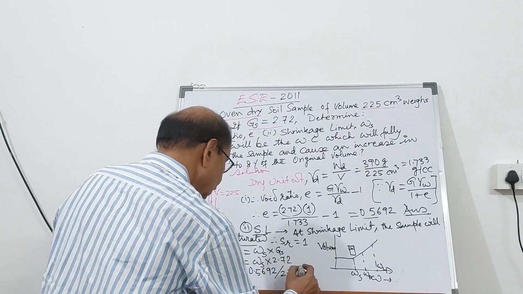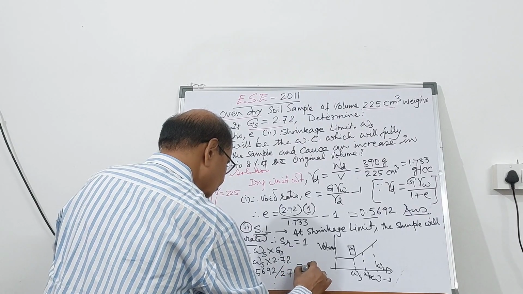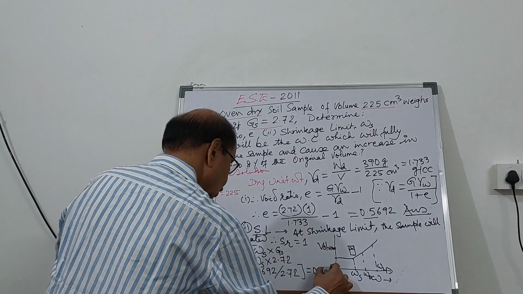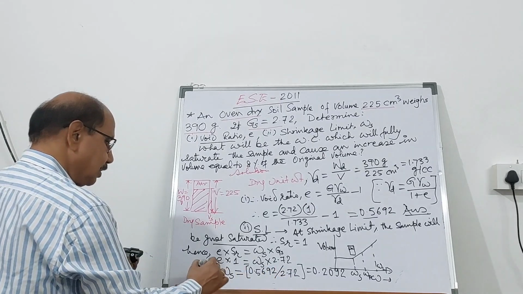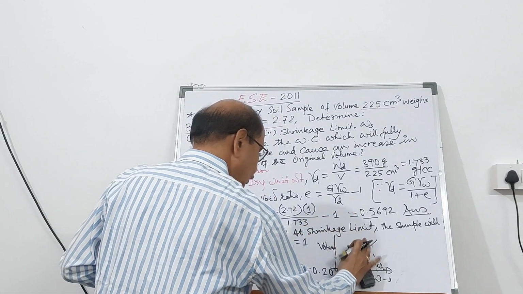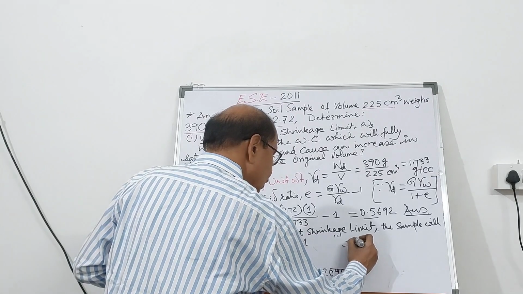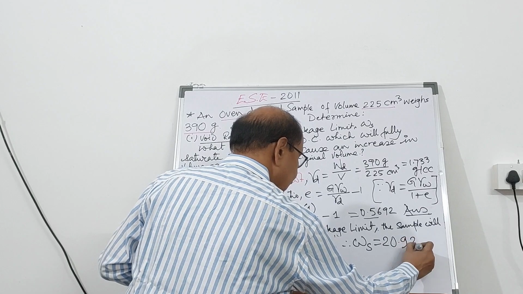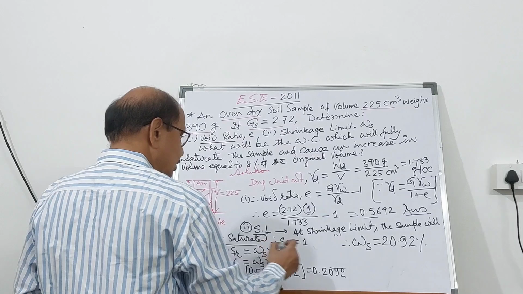This gives 0.2092. That means in percentage, the shrinkage limit will be 20.92%. So this is the answer of the second part.